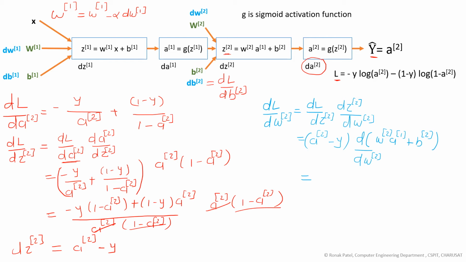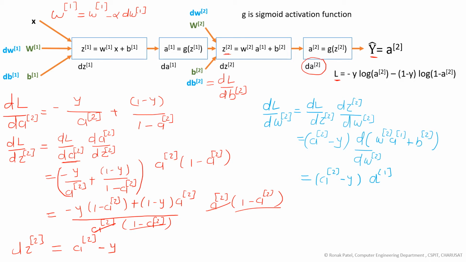Now this term will be as it is, a2 minus y. For this term, this is the derivative of a sum. So in w2 a1, a1 will be constant, dw2 upon dw2, so dx upon dx, that will be 1. Plus this is the constant term, and the derivative of a constant term is 0. So plus 0.